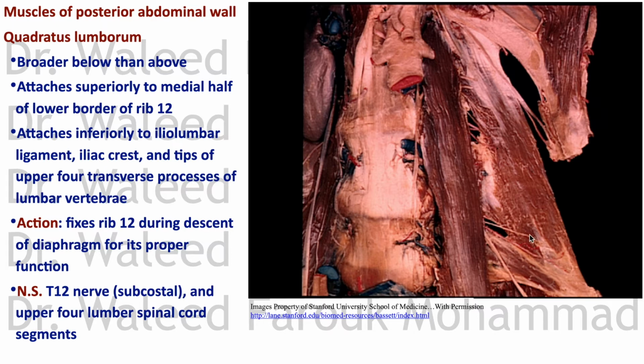So all the way from here upwards till the medial part of the lower border of rib 12. Now it looks like it acts on rib 12, and this is exactly its action.